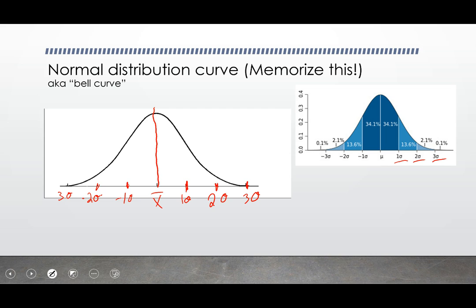Now, this middle region, which goes from 1 standard deviation to the left all the way to 1 standard deviation to the right, means, quote unquote, within 1 standard deviation. I'll abbreviate it SD for standard deviation. So that could be to the left or right.